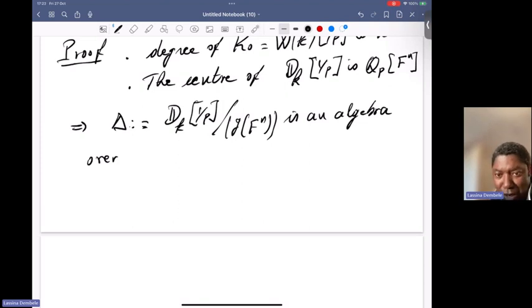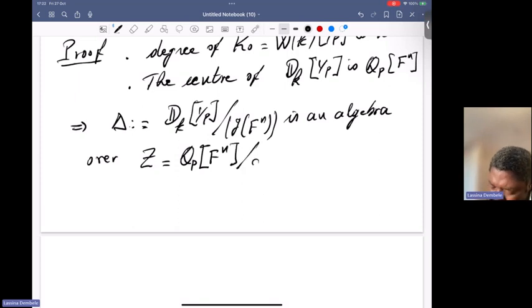So I'm going to call this Z. It's an algebra over Z, which is in this case QP f to the n modulo G f to the n. Okay. Now, what is this algebra?